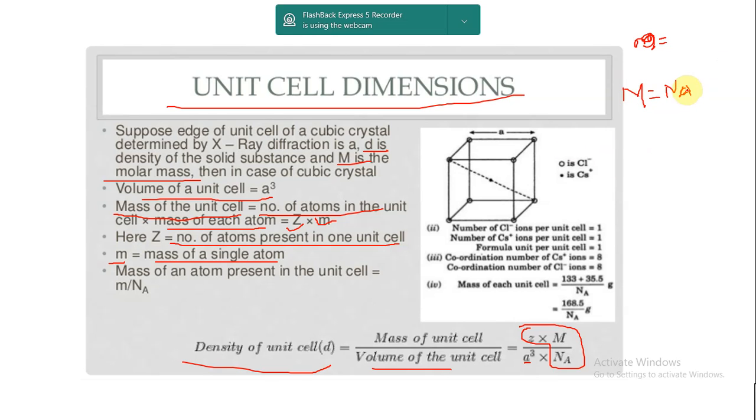Okay, now you apply the unitary method. Na नंबर ऑफ एटम्स का मास कितना है? M है. हमको कितने एटम्स का मास चाहिए? 1 एटम का. 1 एटम का मास कितना होगा? M अपॉन Na, लेकिन यूनिट सेल में कितना एटम प्रेजेंट है?